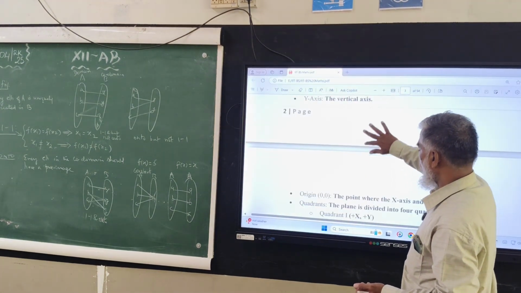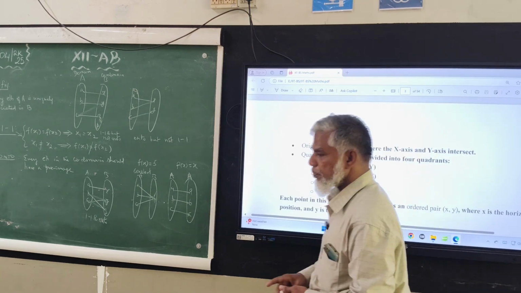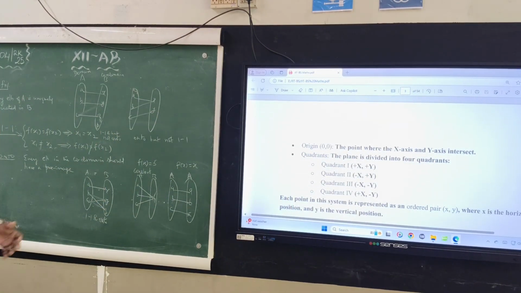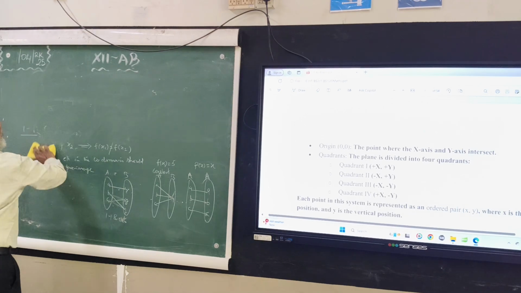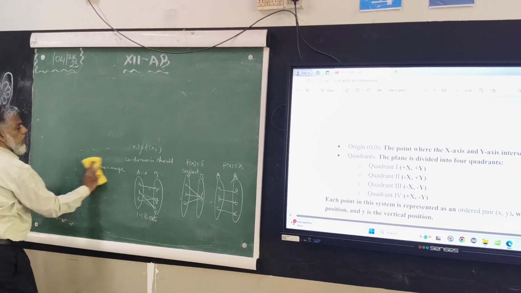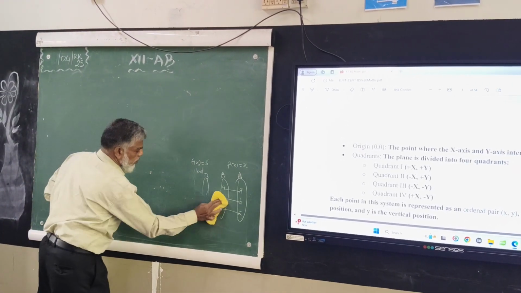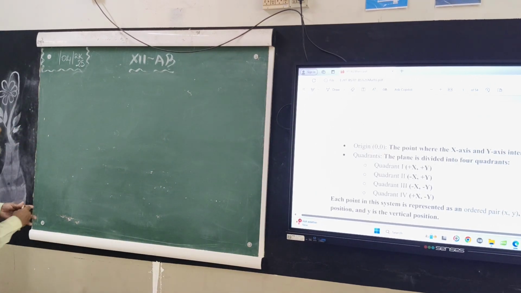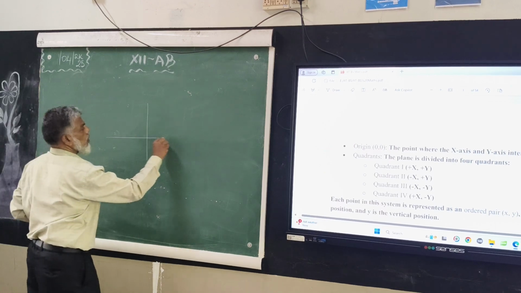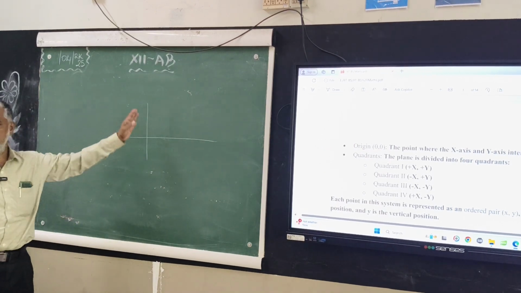In the rectangular coordinate system, we have two axes, x and y. This is the x-axis and this is the y-axis.